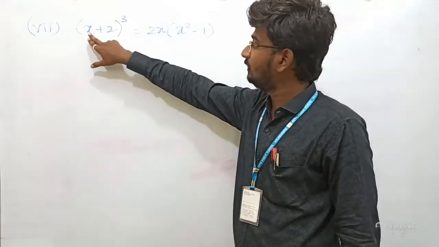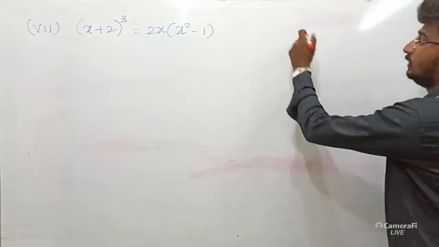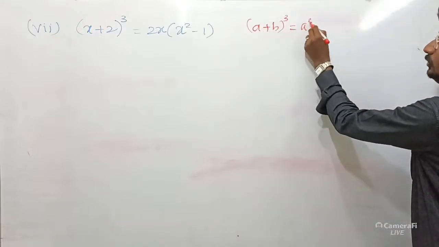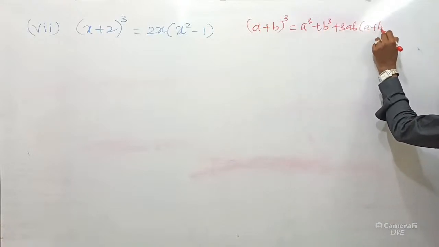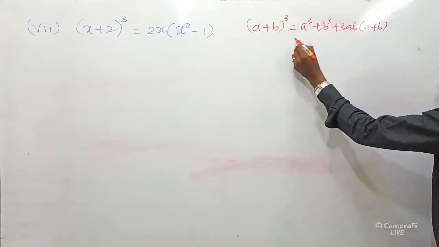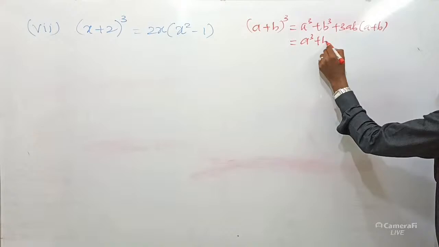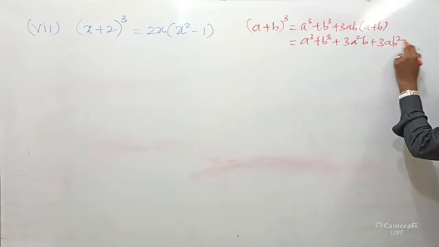Now x plus 2 is in the form of a plus b whole cube. What is the formula for a plus b whole cube? a plus b whole cube is written as a cube plus b cube plus 3ab into a plus b. Further, if you want to simplify, this can also be written as a cube plus b cube plus 3a square b plus 3ab square.